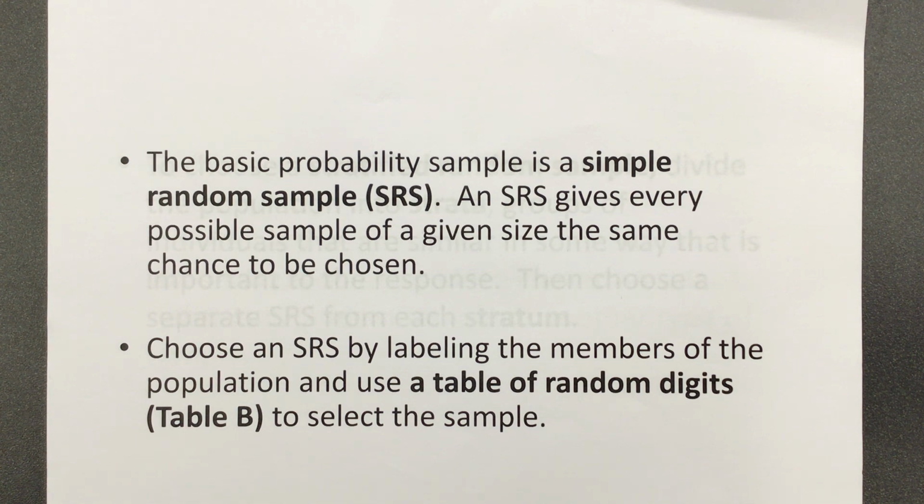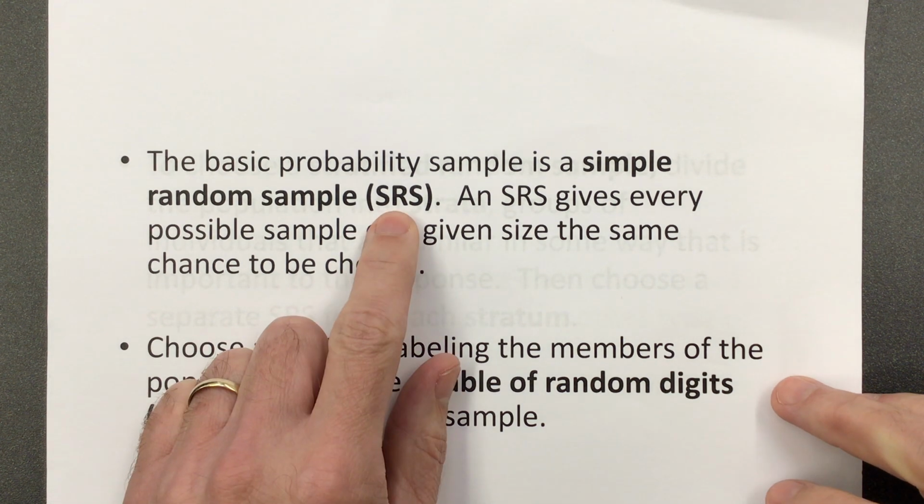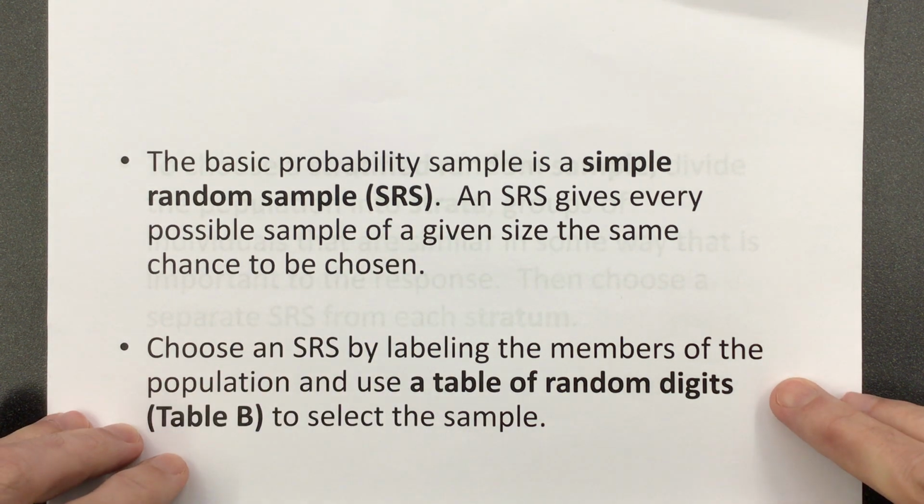So, for example, if I have 30 students in my class, I would number my students from 1 to 30, and then I would use a random digit table or a random integer function to select from that number list. And that's called a simple random sample, or SRS for short.